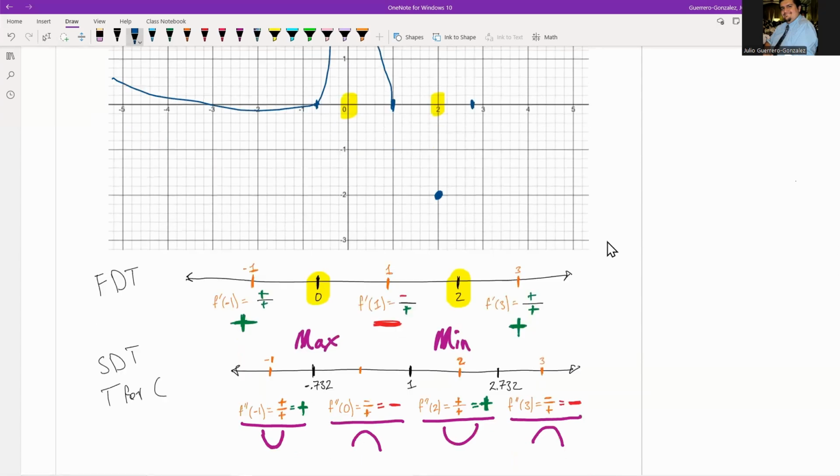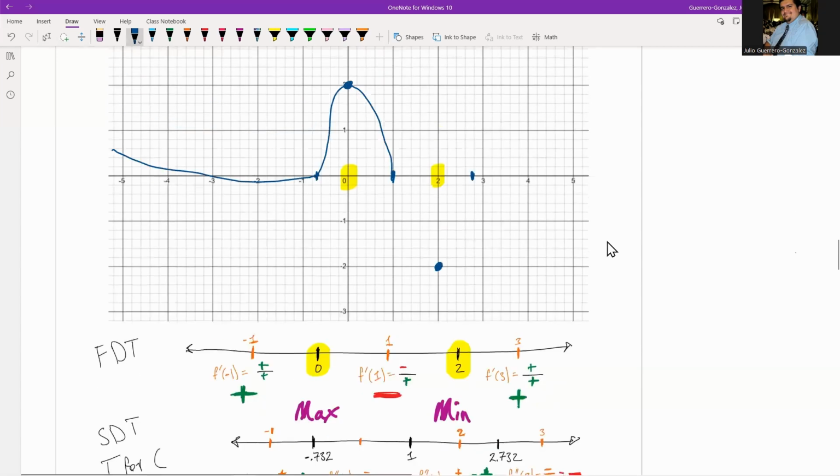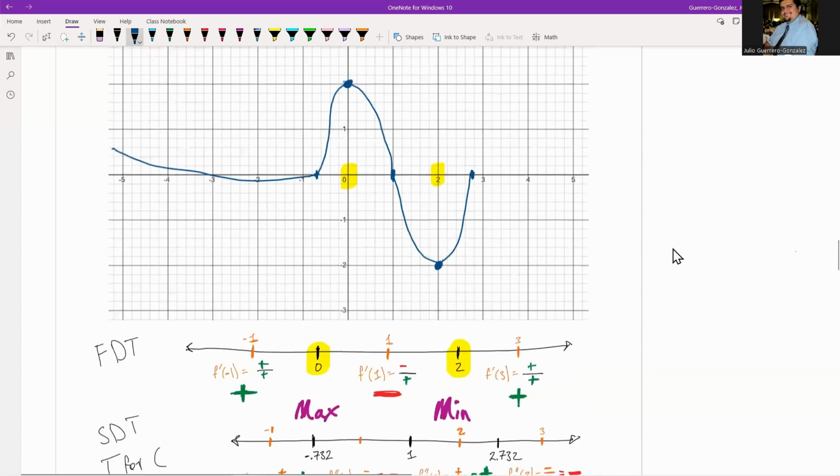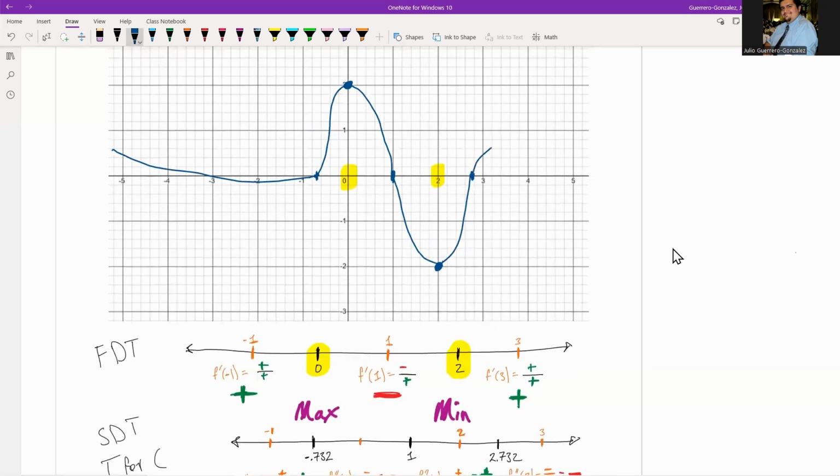Between 1 and 2.732, it's supposed to be concave up. Notice how the graph is already sort of telling us what to do, right? There we go. And then everything after 2.732 should be concave down. So I'm going to go ahead and whoosh. There we go.